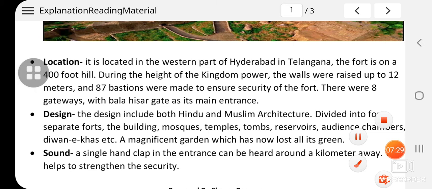A single hand clap at the entrance can be heard around a kilometer away. This helps to strengthen the security. So amazing it is, no? If somebody is entering the main gate and makes even a small sound, people 1 kilometer far away can hear that. So this is so amazing about the Golconda Fort.